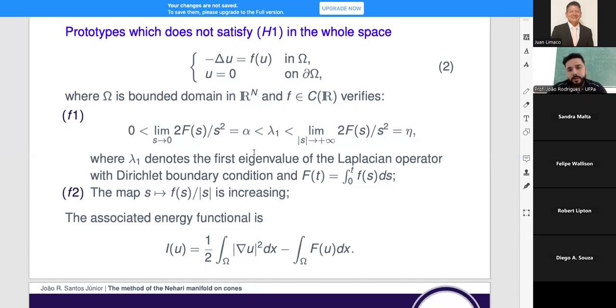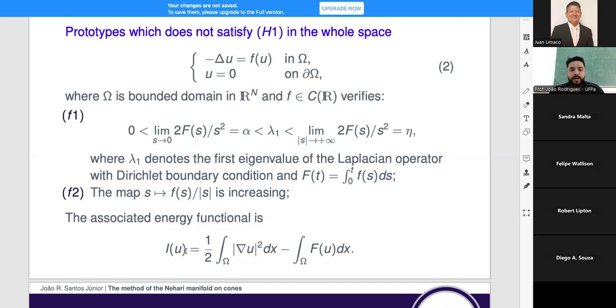So in this case, if we control the size of the numbers alpha and eta in order to compare with the first eigenvalue of the Laplacian operator with homogeneous Dirichlet boundary condition, and with this other hypothesis that this function is increasing, we can show that the hypothesis (H1) is not occurring for all functions different from zero in the space.